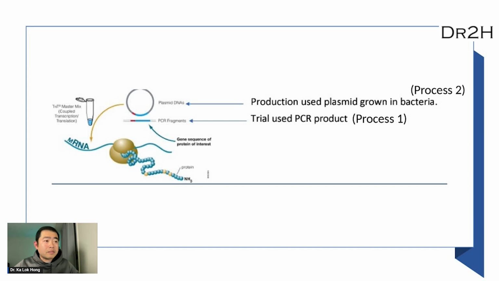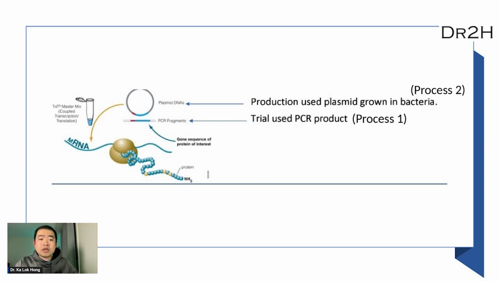So now the problem is that the origin of these plasmid DNA is actually a leftover from the industrialized large-scale vaccine production. The Pfizer mRNA vaccine used in early clinical trials used a polymerase chain reaction, or PCR, process to make the DNA that codes for the messenger RNA and then is put into the particle and packaged into the vaccine, a so-called process one.